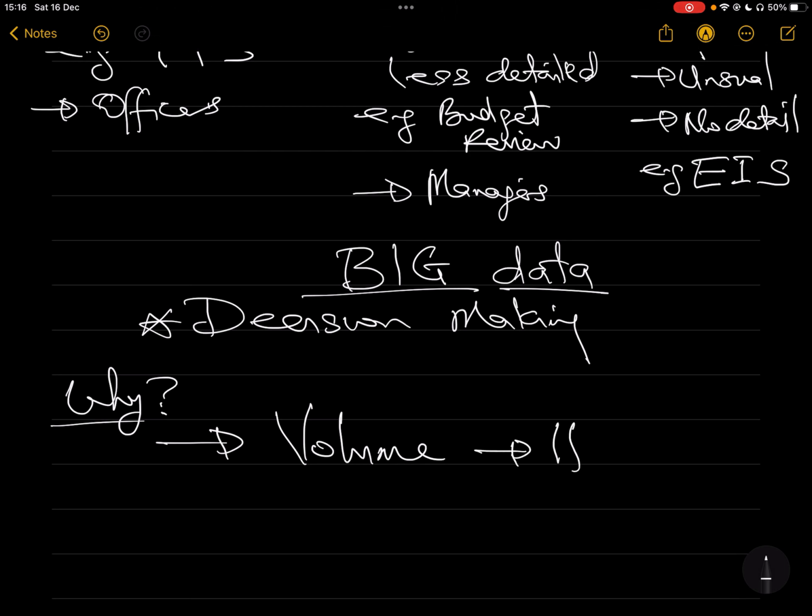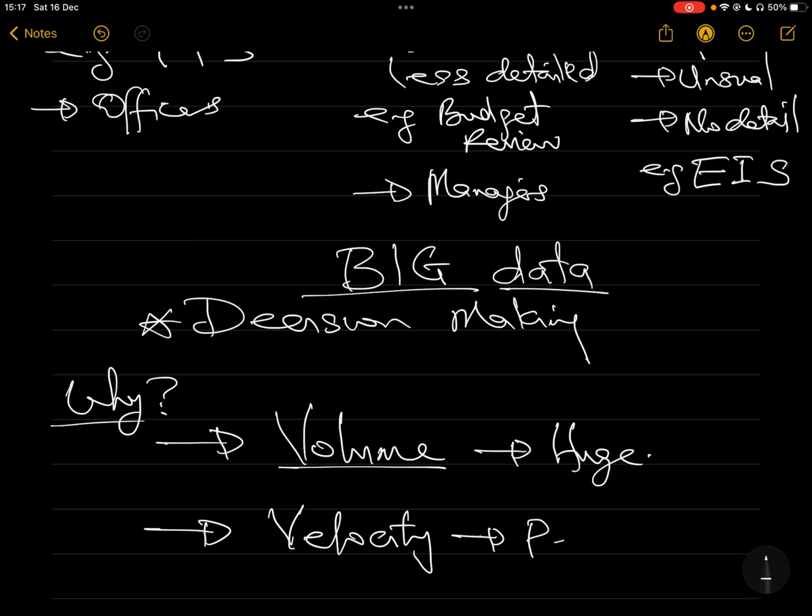This system can handle a huge volume of data, because this data is so much available now that if you don't have a robust system that can deal with it, you don't even know what to do with it. So the volume, the quantum of information it can deal with, and not just deal with it slowly, but at a very high speed. So this is about pace.